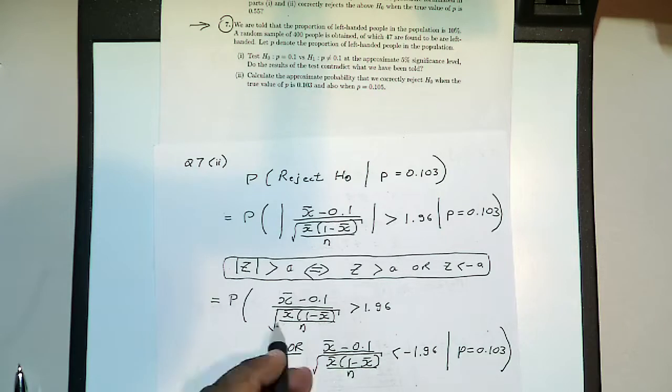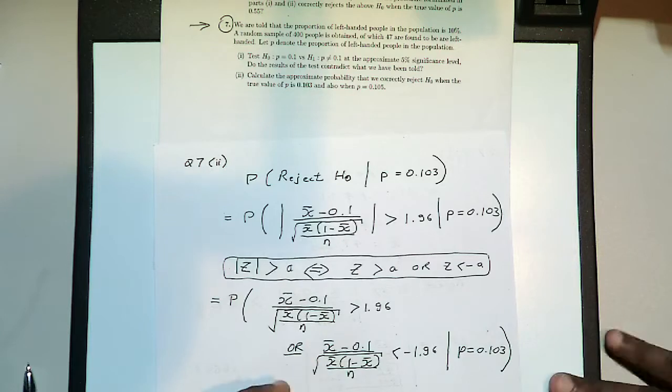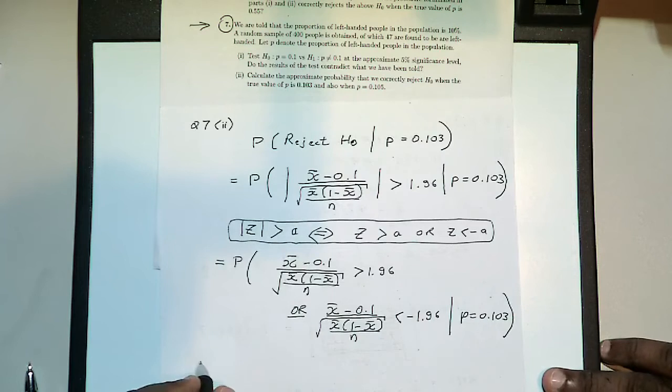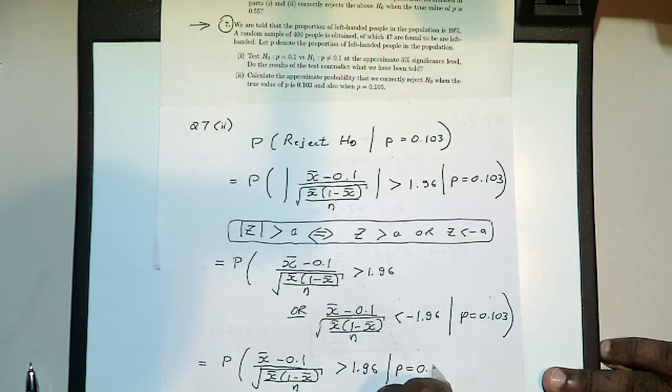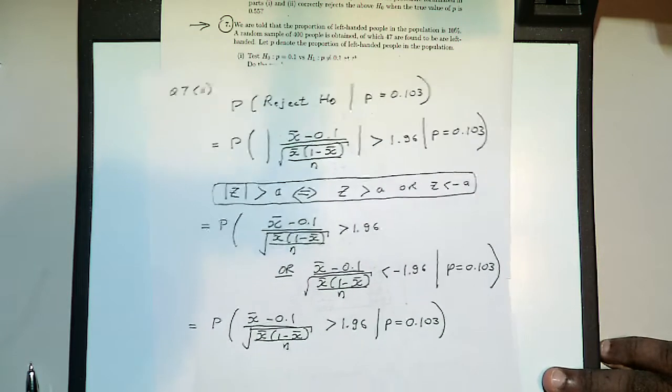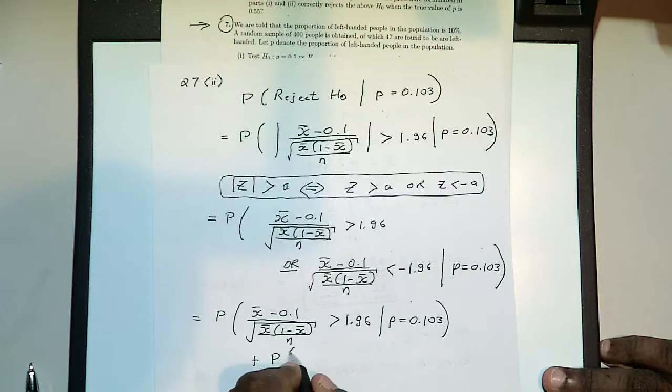Now these two events are mutually exclusive, and I'm sure you know from probability 1 that if two events are mutually exclusive, then the probability of their union is the sum of the probabilities.